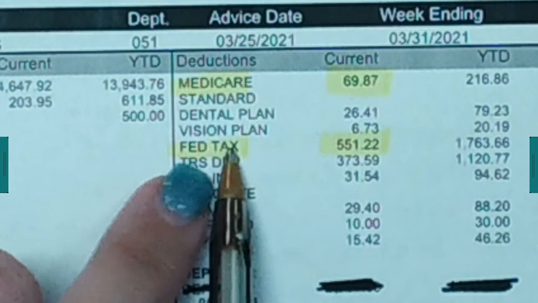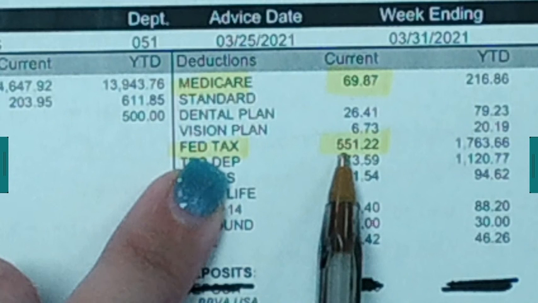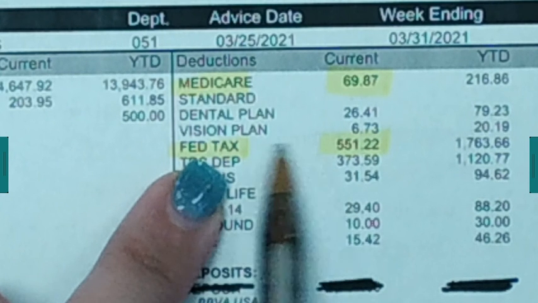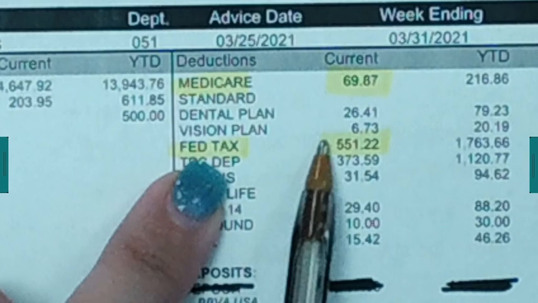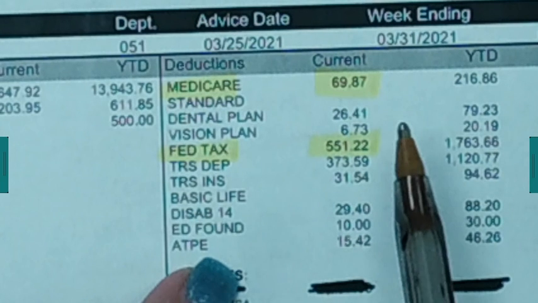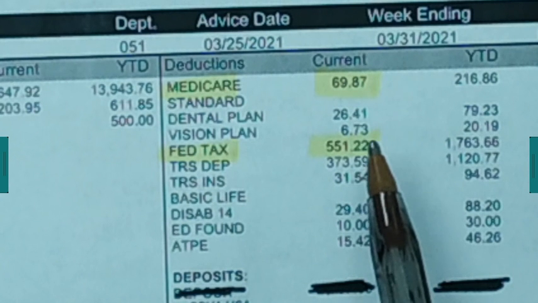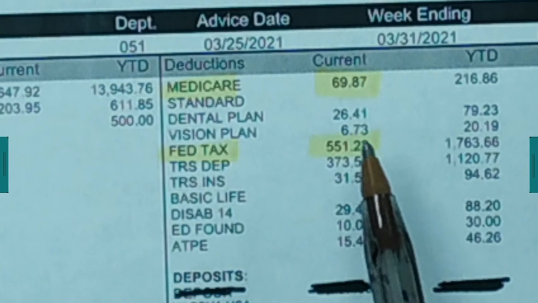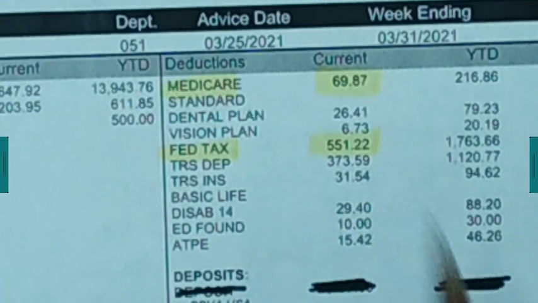Every month I pay $551.22 for the federal taxes. Teachers don't have to pay Social Security, but most people would have Social Security there. All the other stuff is just extra stuff. But those two things are going to come out of your paycheck no matter where you work. Sonic, the water park, teaching, Dell, whatever it is, you're paying those taxes.